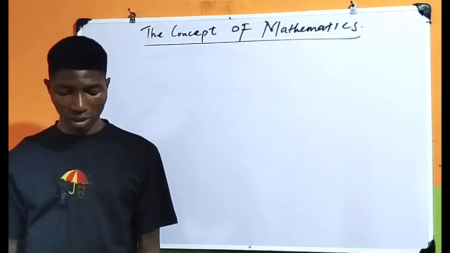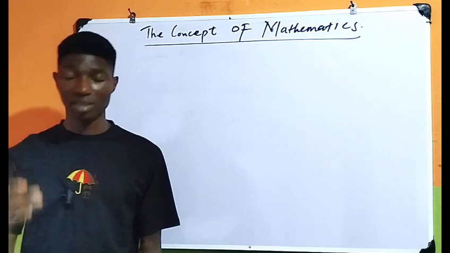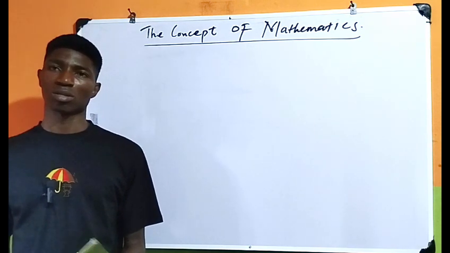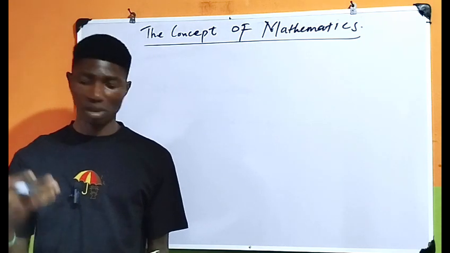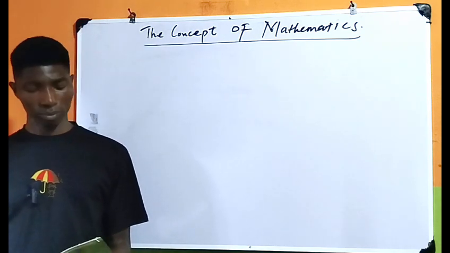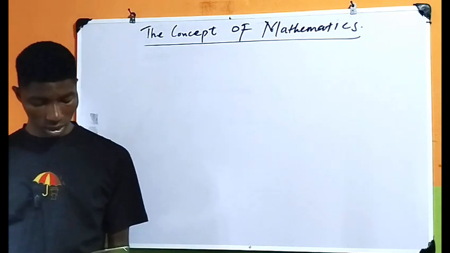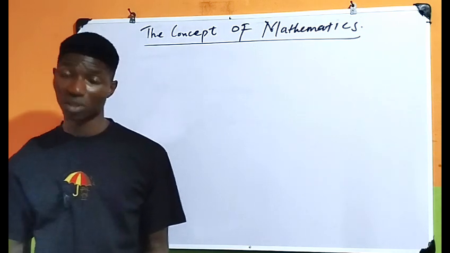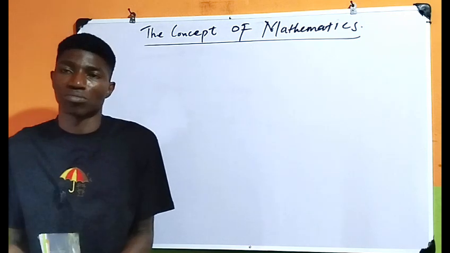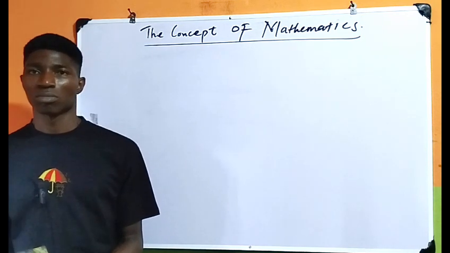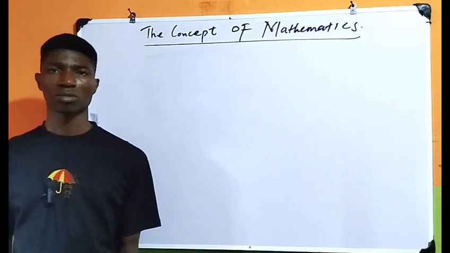So these are the causes of the challenges that our students face in mathematics. Now, emotional factors. We have math anxiety, fear or discomfort with maths. When some students hear about maths, they are scared.